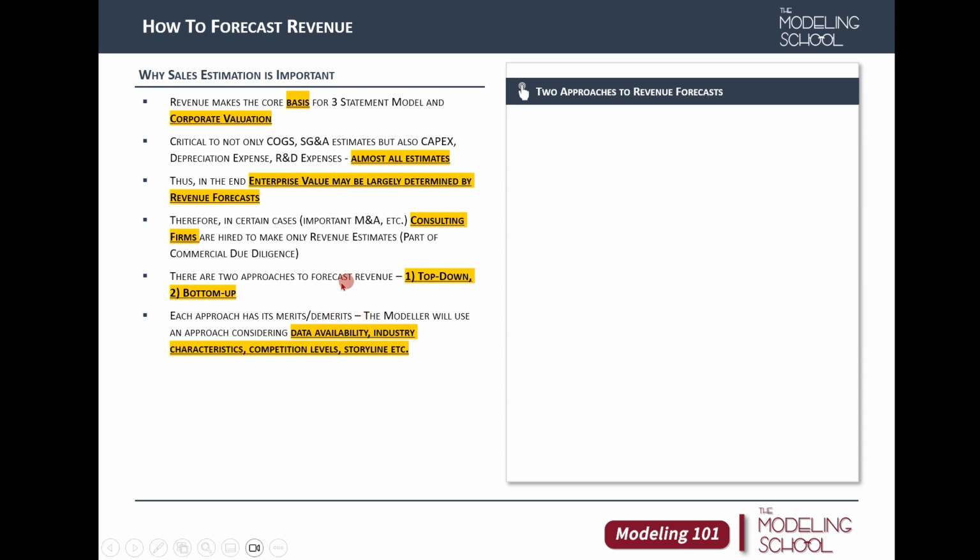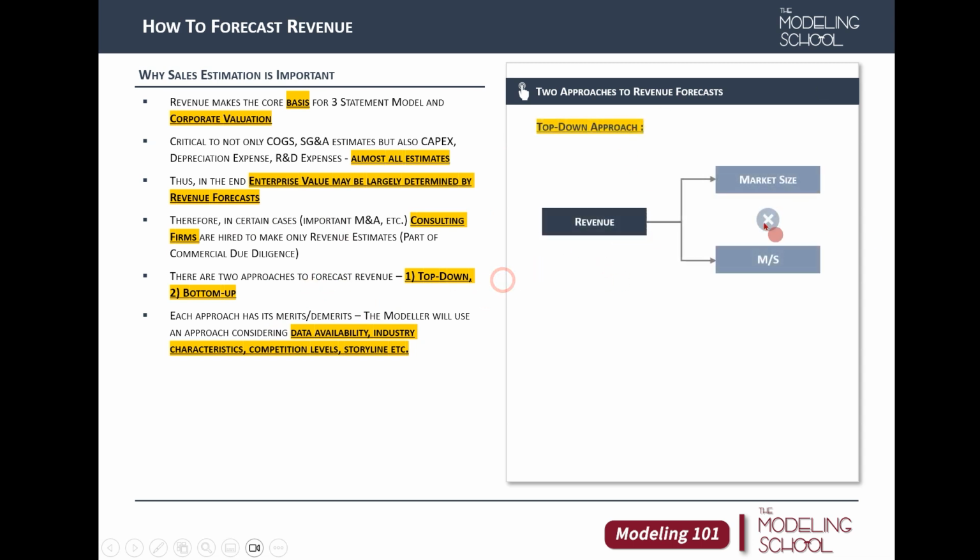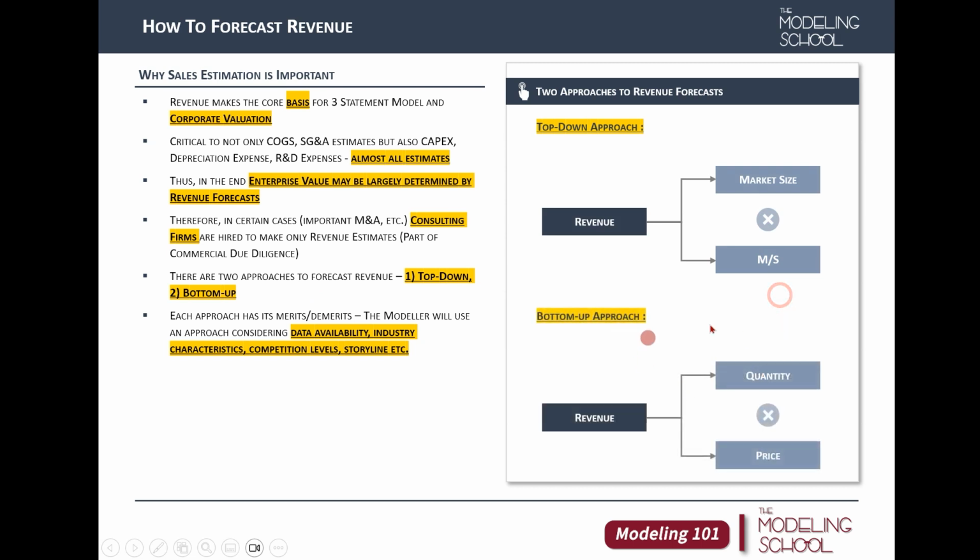Generally, there are two approaches to revenue forecast: the top-down approach and the bottom-up approach. This is how every book, every material that is out there explains how to approach revenue forecast, and I definitely agree. So the top-down approach is approaching from the bigger view.